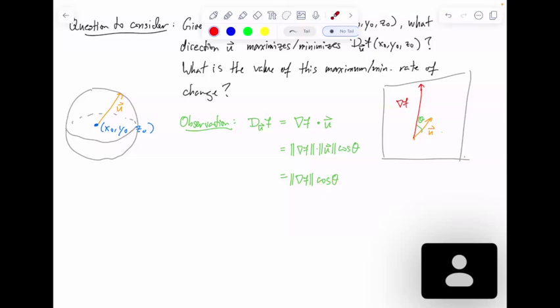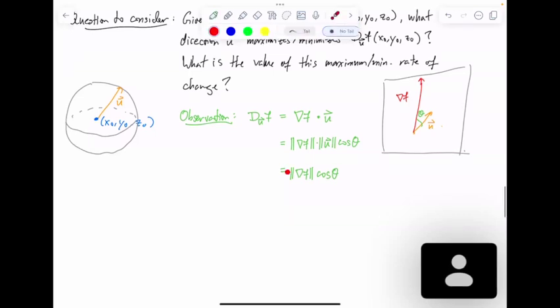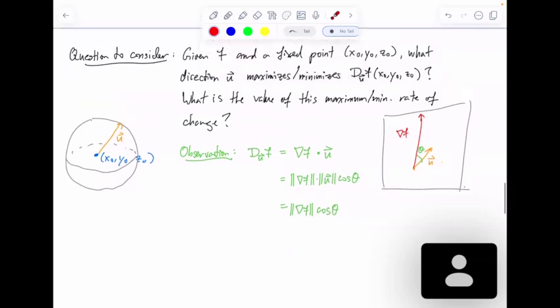And at what angle theta does that occur? The biggest cosine theta could be is 1, and it occurs when theta is equal to 0, that is, the angle between u and grad f is 0. What direction does u have to point in for this quantity to be the biggest?